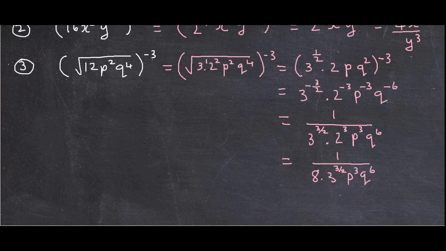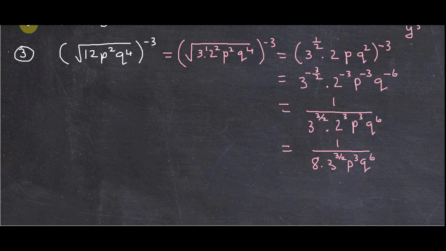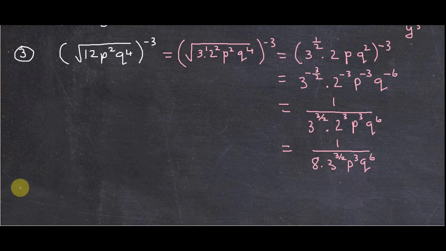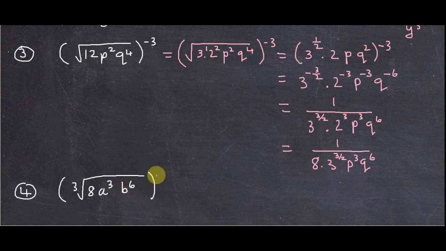Let's go to number 4 now. Here we have the cube root of 8a cubed, b to the 6th, all squared.